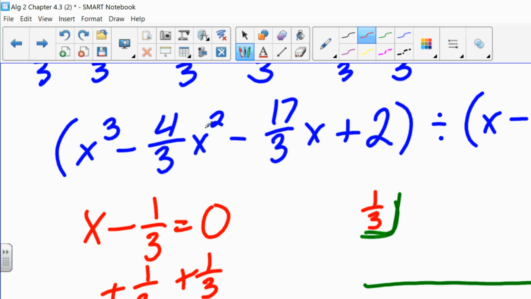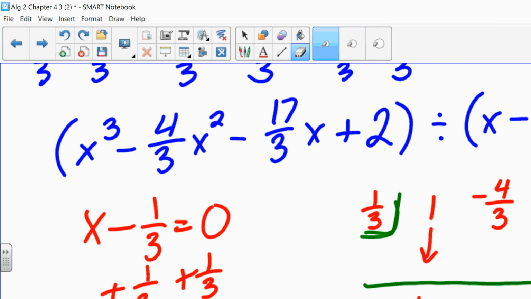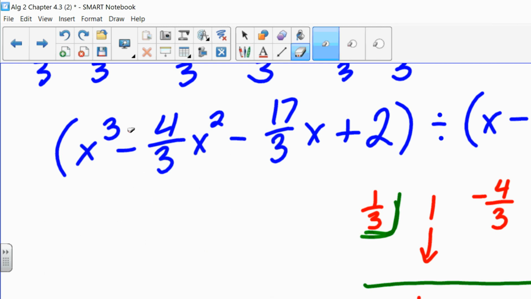Now the numbers that go across the top would be 1, negative 4/3, negative 17/3, and 2. And we'll bring down the first term. I'm going to erase this here, so if I need to, we can write out our multiplication or addition, subtraction.